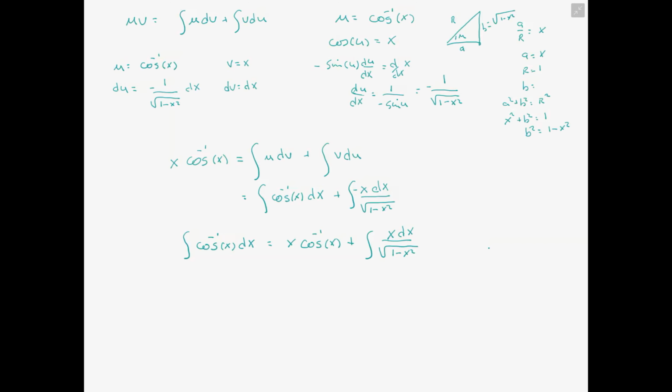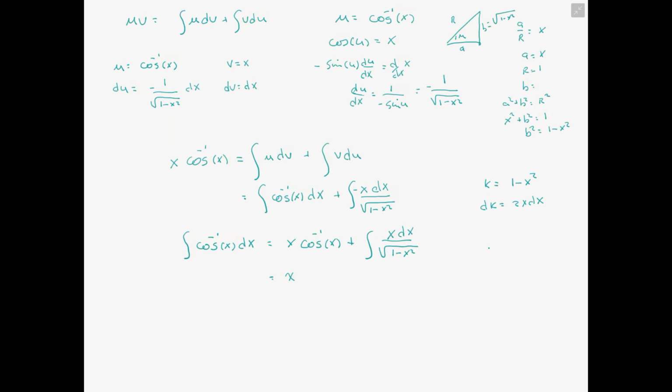And then we use another substitution. We say k equals 1 minus x squared, dk equals minus 2x dx.